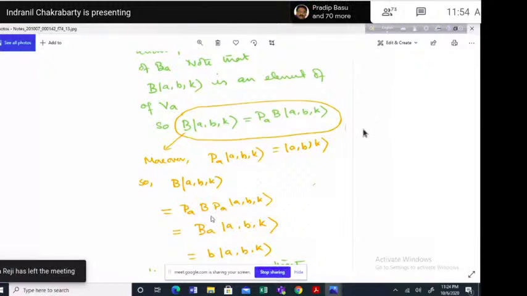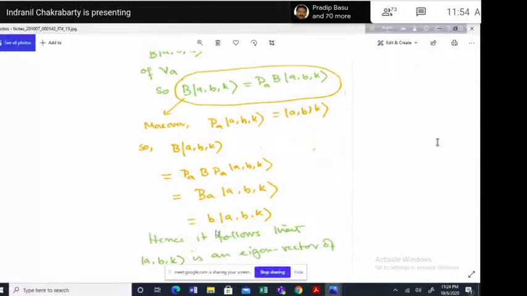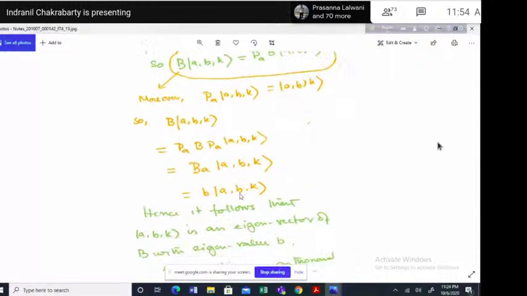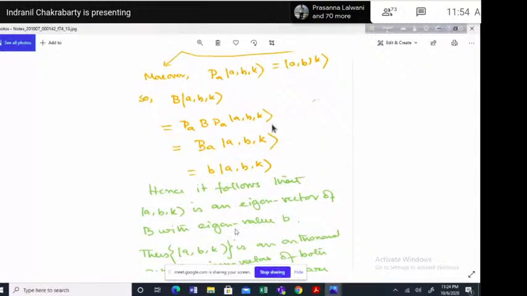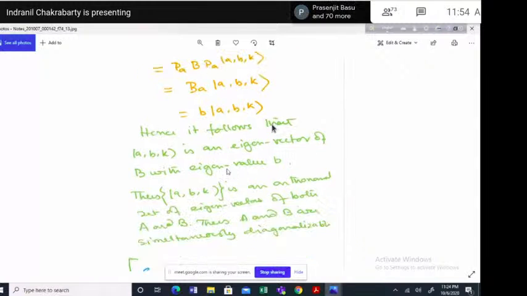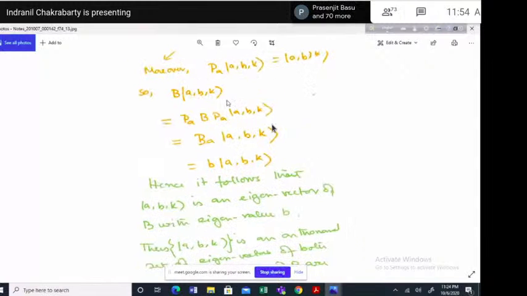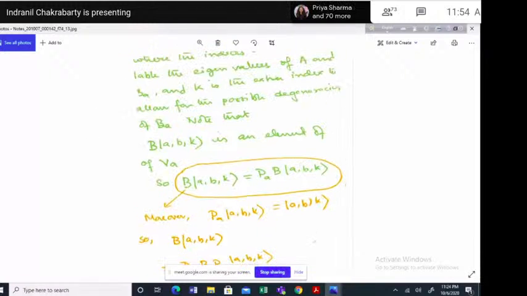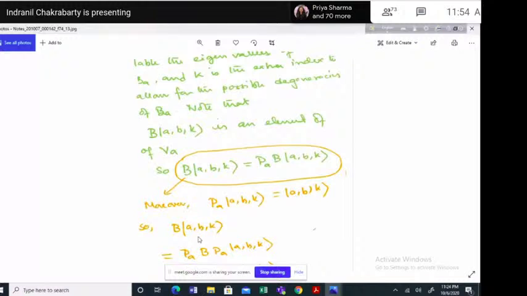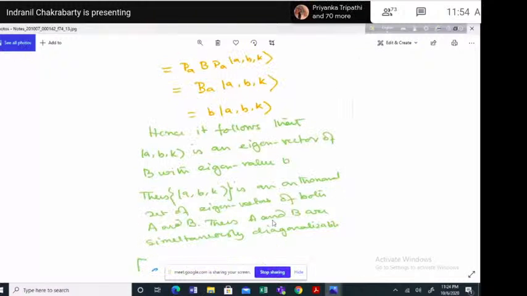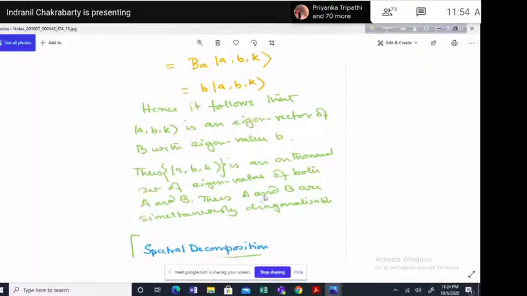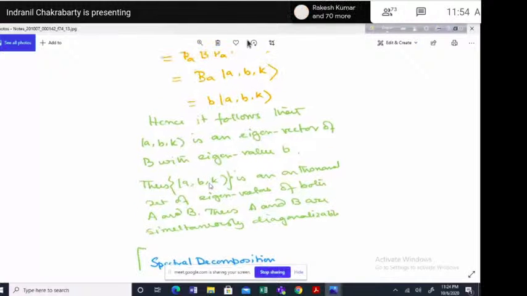There are two PAs over here, and together with B this forms BA, and BA acting on |a,b,k> gives you b|a,b,k>. So it follows that |a,b,k> is an eigenvector of B with eigenvalue b. So what does it tell you? |a,b,k> itself is an eigenvector of both the operator A as well as the operator B. Thus, A and B are simultaneously diagonalizable in the basis characterized by |a,b,k>.